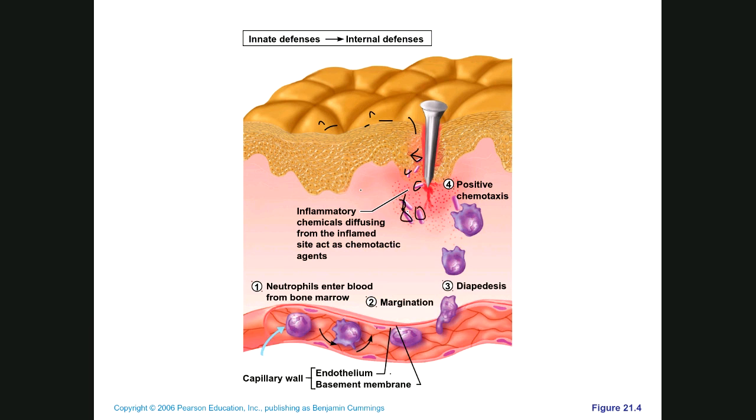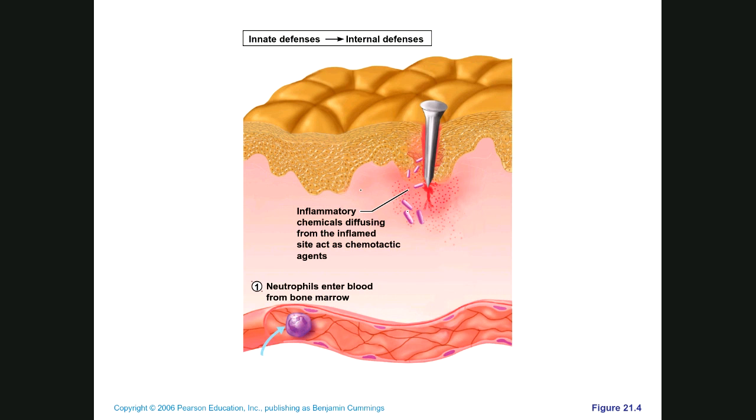And so what's going to happen is these tissues, which were injured, are going to release all these chemicals. And those chemicals, again, are going to cause a bunch of things to happen. One of the things that happens is going to attract white blood cells. So white blood cells are going to find their way here because they're attracted to those chemicals.